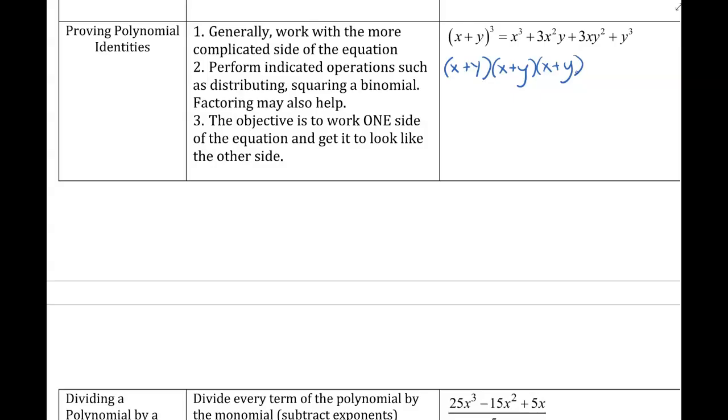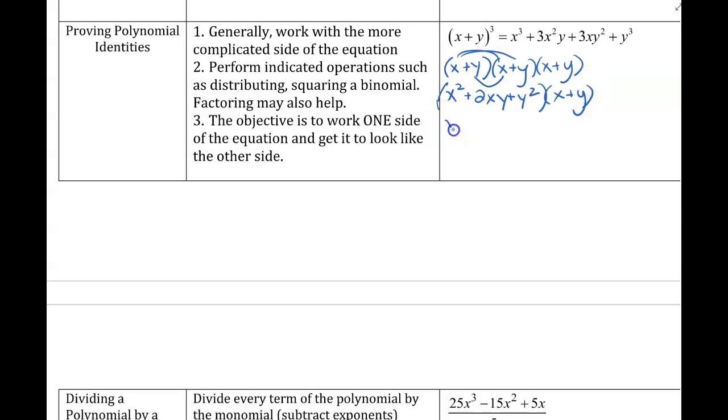Now I can only multiply 2 binomials at a time, so here I'm going to FOIL the first 2. We would have x squared. We would have an xy and another xy that's going to combine to a plus 2xy and then plus y squared. We're going to take that whole trinomial and we're going to multiply it to the remaining x plus y.